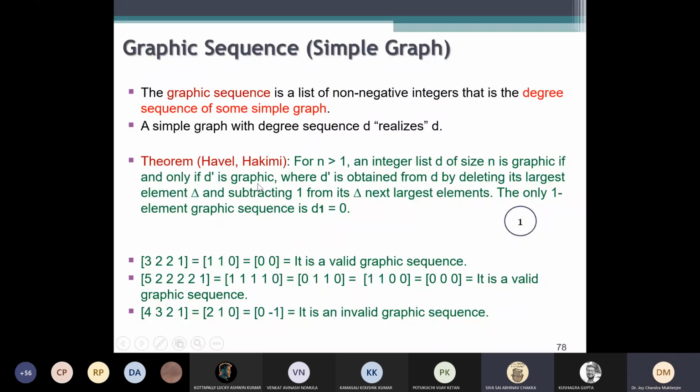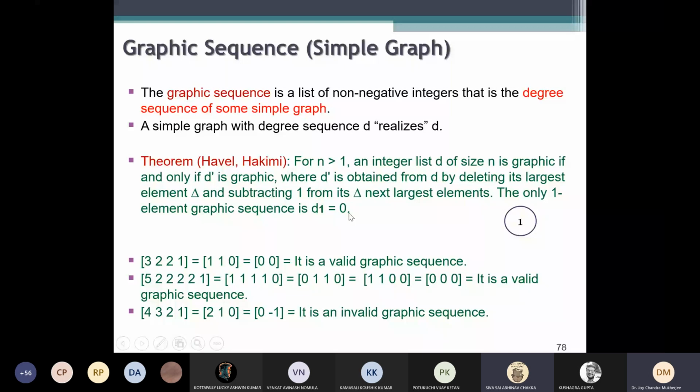What is d prime? D prime is obtained from d by deleting its largest element delta and subtracting 1 from its delta next largest elements. The only one element graphic sequence is d1 equal to 0.